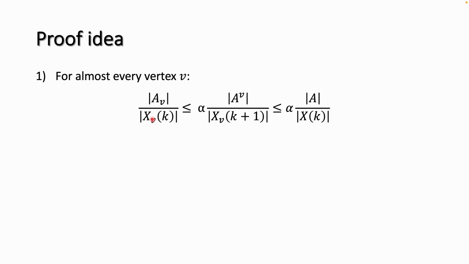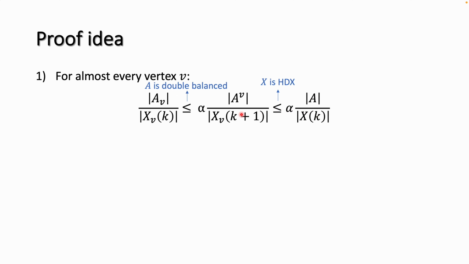If we look at the localization of A to the vertex V, which is what we are interested in for the pseudorandomness property, then because A is double balanced, it's bounded by alpha times the restriction of A to the vertex V. Then by the fact that X is a high-dimensional expander, as I mentioned before, the restriction is bounded by the total fraction of the set A.